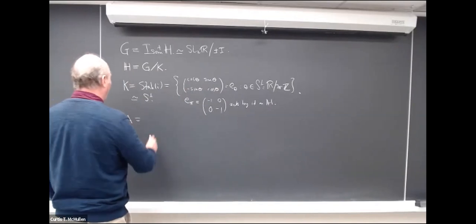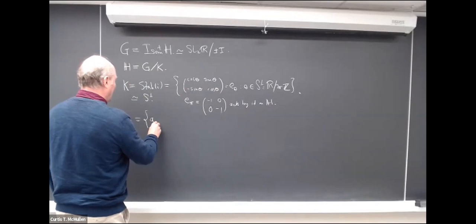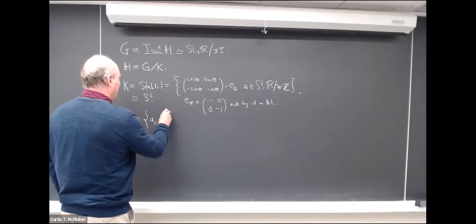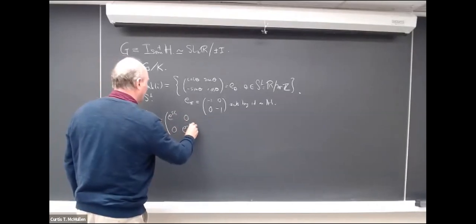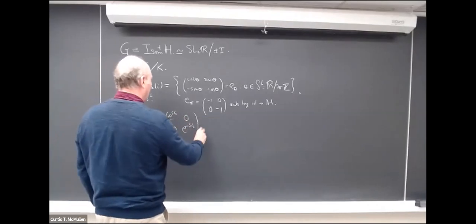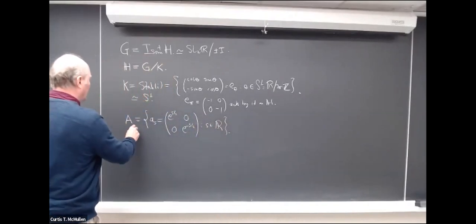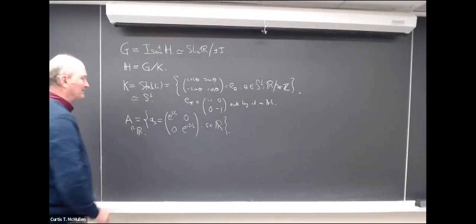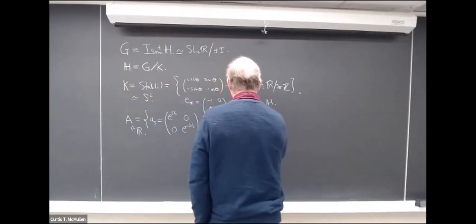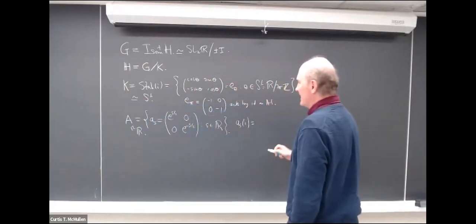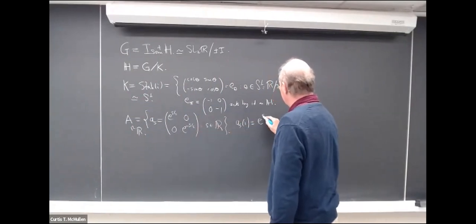One of them is called A. So this will be the set of transformations, let's say A_s is e to the s over 2, 0, 0, e to the minus s over 2, where s is in the real line. So this is not a circle, it's a non-compact group isomorphic to R. And it has the property that if you apply A_s to i, you get e to the s times i.